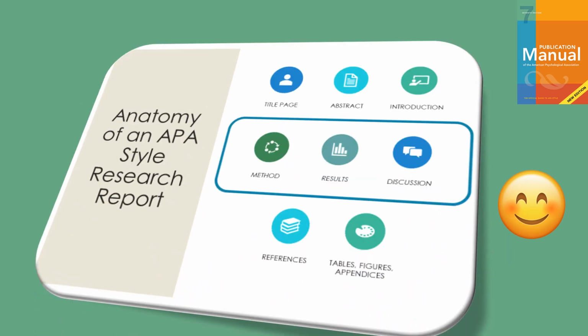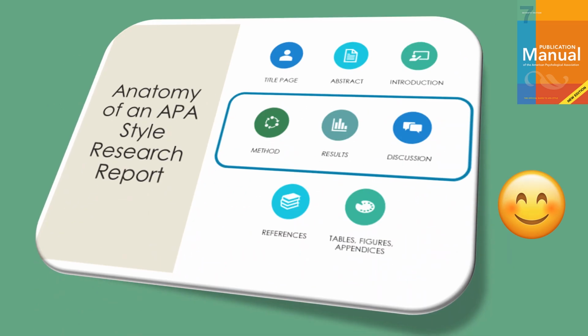Okay, in terms of the anatomy of the APA Style Research Report, everything seems to pretty much remain the same. So we have the title page, abstract, introduction, method, results, discussion, followed by references. And then some optional sections include tables, figures, and appendices. Well, there's 2 additional optional sections that are new to the new edition, and they are footnotes and supplemental materials.